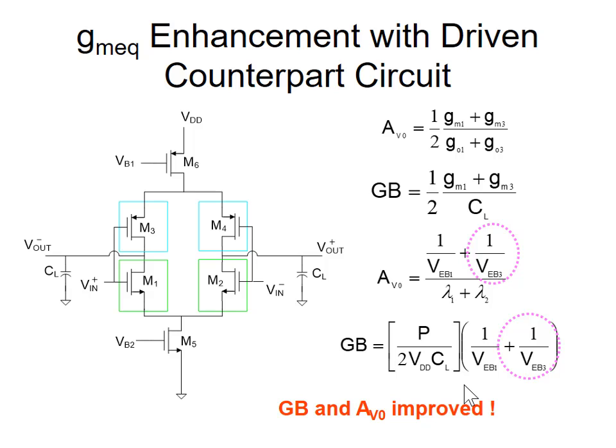Or finally, V out over VD is equal to minus 1/2 times GM1 plus GM2 over SCL plus GL1 plus GL2. Okay. What we had before, this was gone. All we've done is add this term in here. Okay, any other questions?